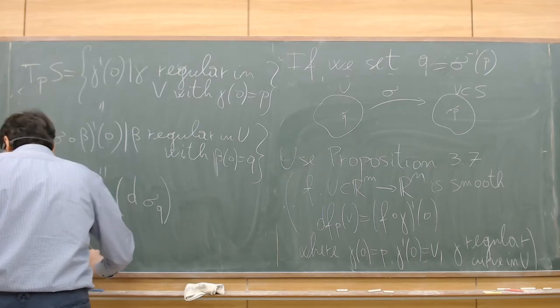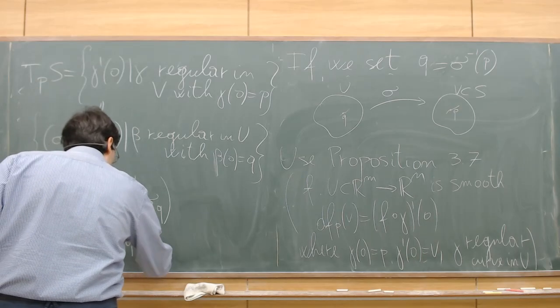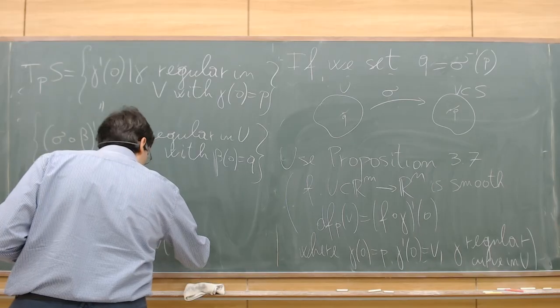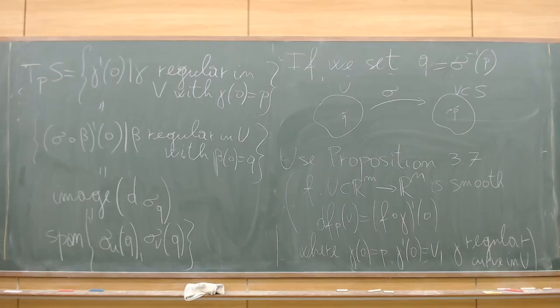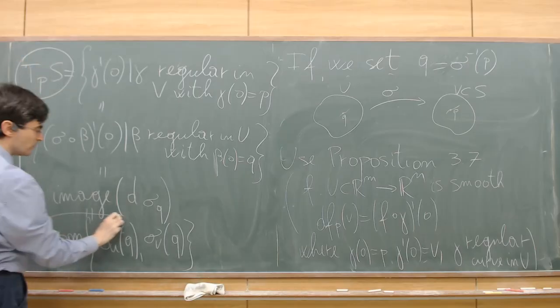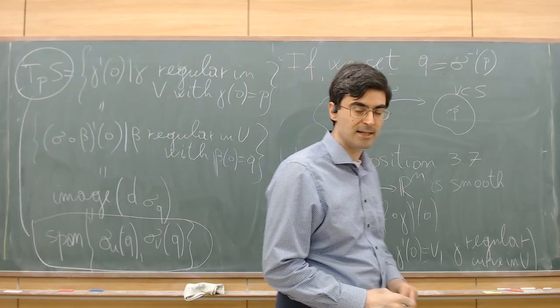And they are sigma U at Q, sigma V at Q. And this is the end of the proof. So we prove that TPS coincides with the span of these two vectors. Okay, that's all for today. Thank you for your attention.